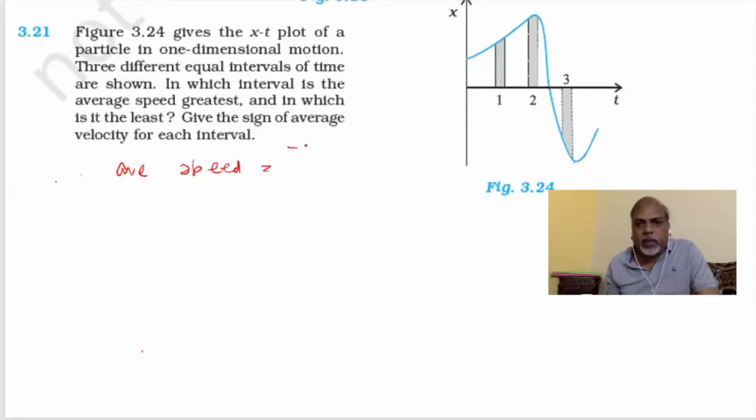Average speed is nothing but distance upon total time. In case of interval 1, it is like this.